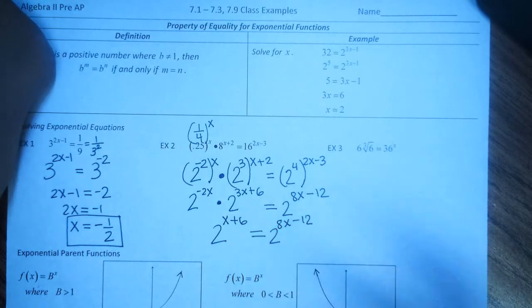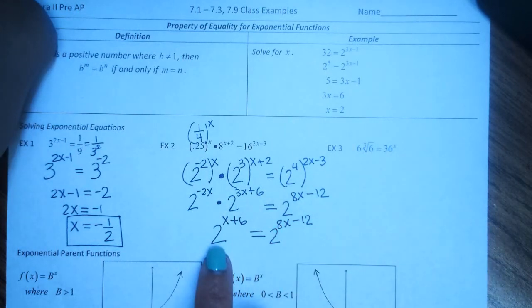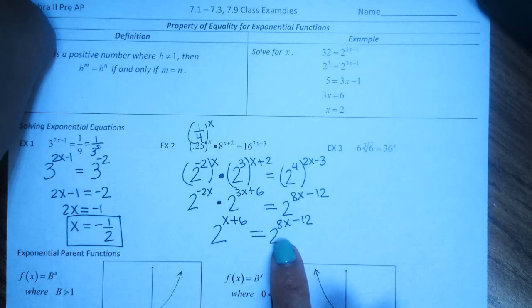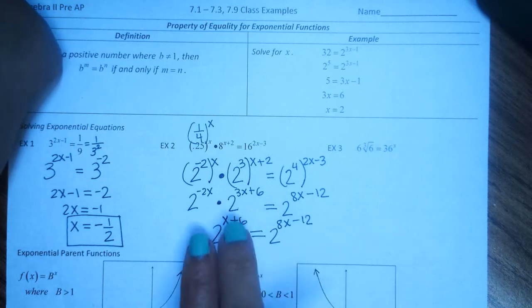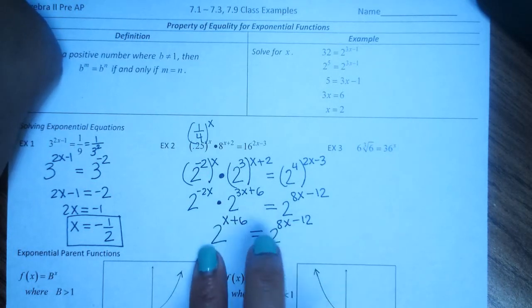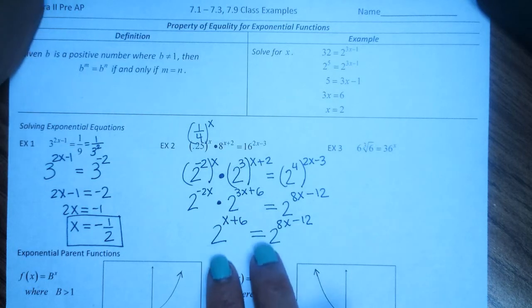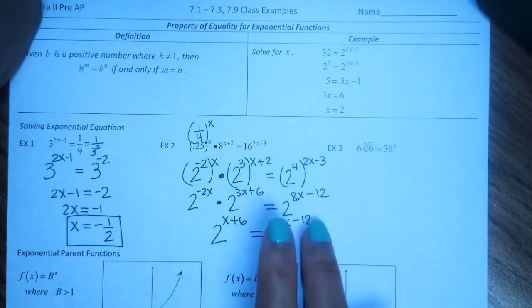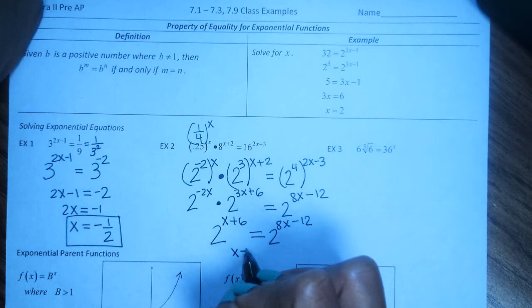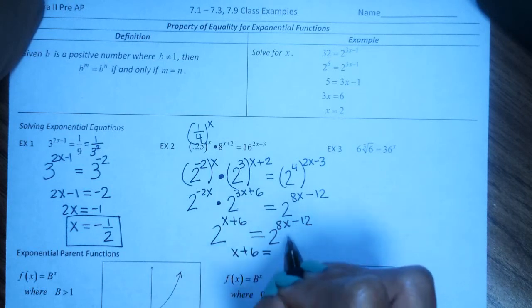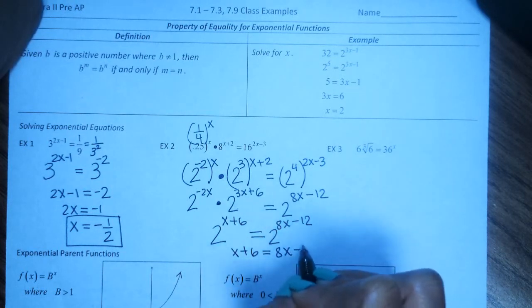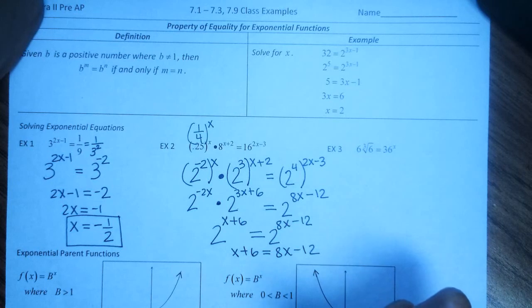Okay. Finally, now we have a base of 2, and then we have the other base of 2, and now since there's just one base on the left side and one base on the right side that are the same, we can set the exponents equal to each other. X plus 6 equals 8x minus 12.